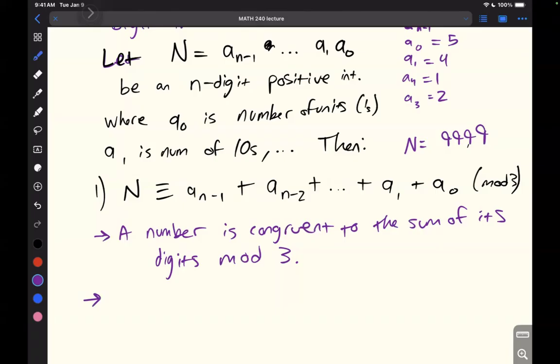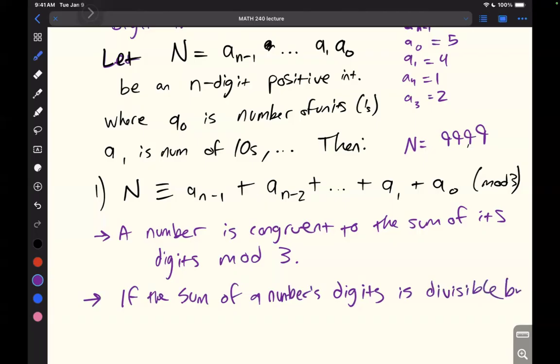So this is also saying that if the sum of a number's digits is divisible by 3, the number is divisible by 3. And so this is the case where this is congruent to 0 mod 3.